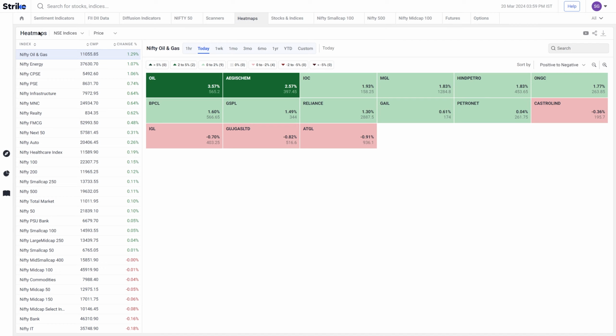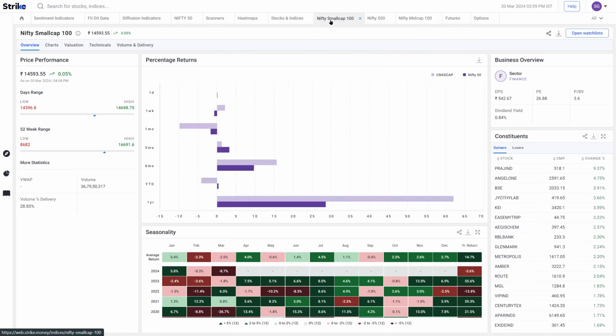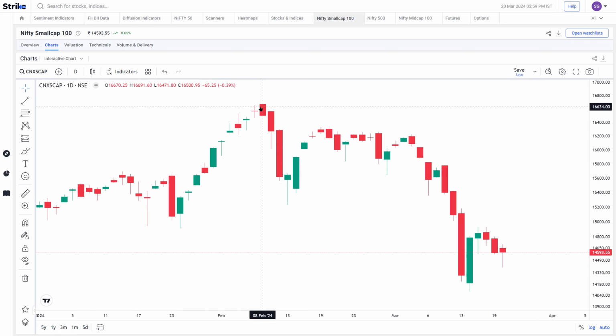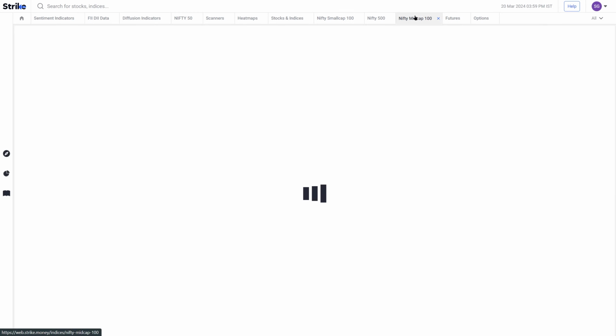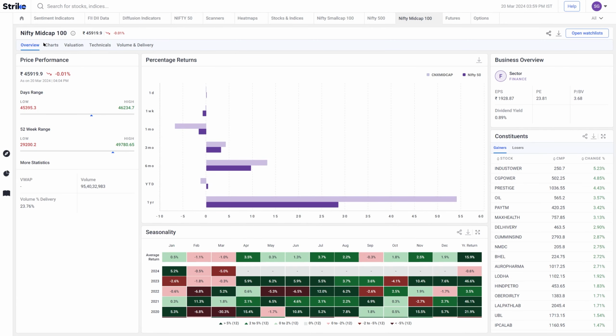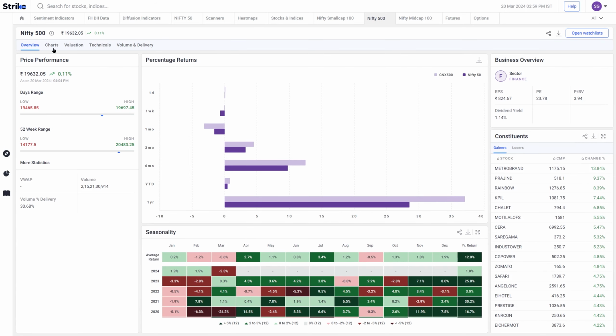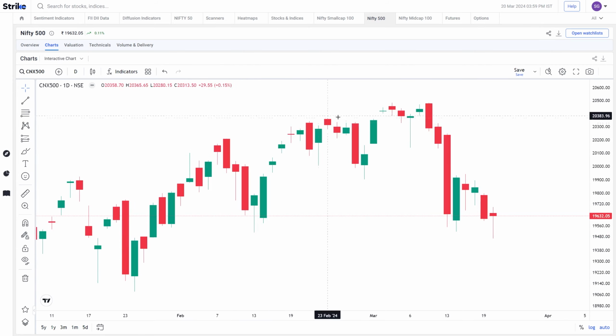Before starting that, let's look at the important dates that we will be scanning. We can see the small cap index made the highest high level on 8th of Feb. If I look at mid cap, this also made the highest level on 8th Feb. Nifty 500, the broader index, made the highest high on 4th as well as on 11th March.